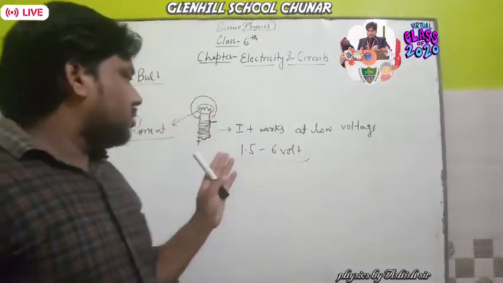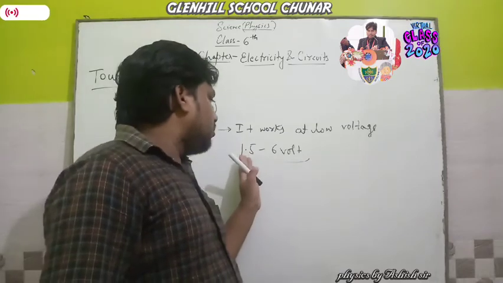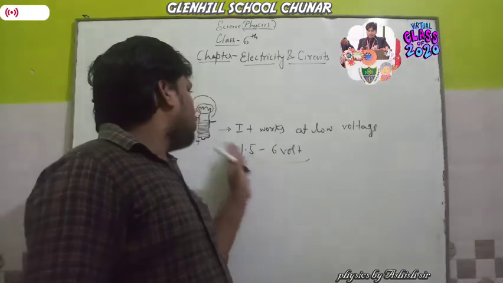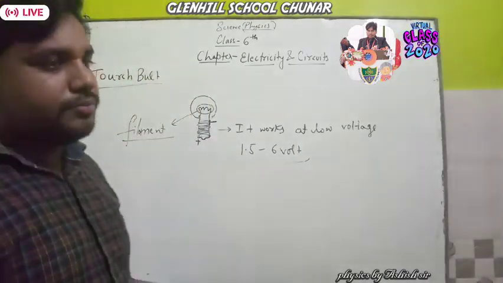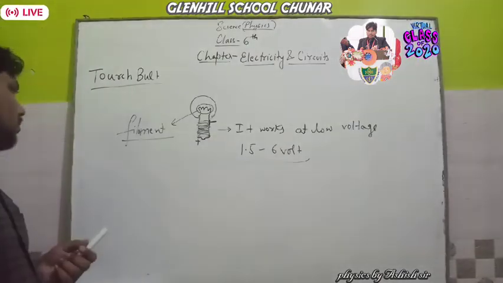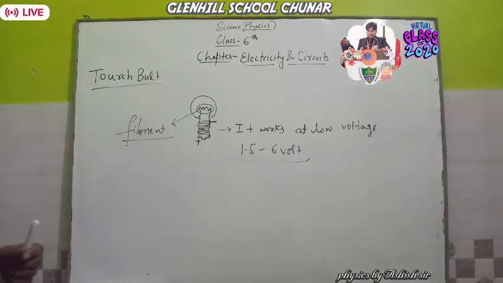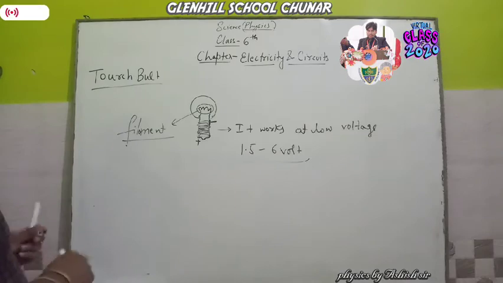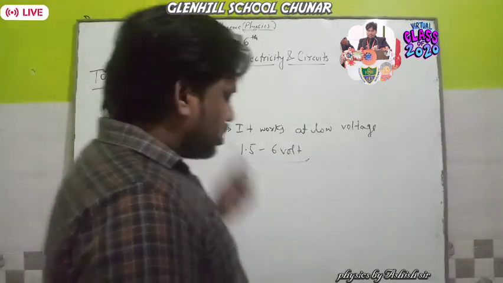If you supply less than 1.5 or greater than 6 volt, then your bulb does not glow. This is a torch bulb.